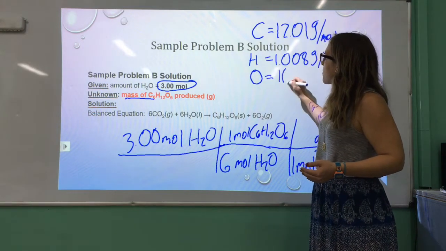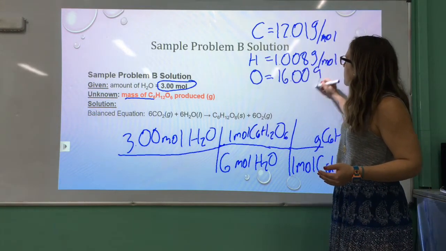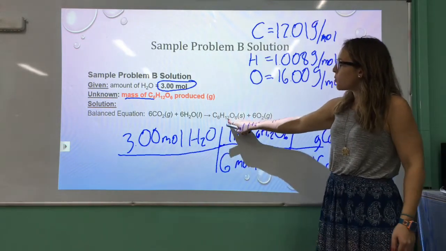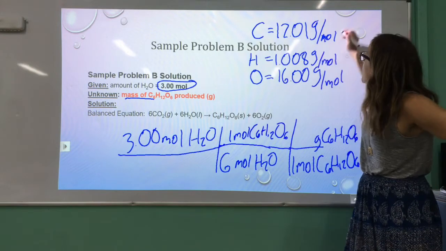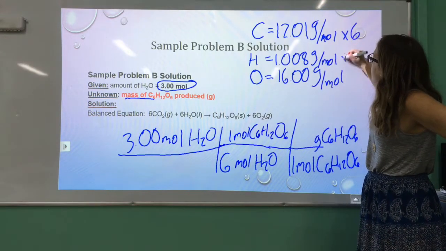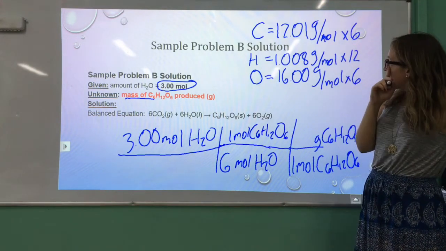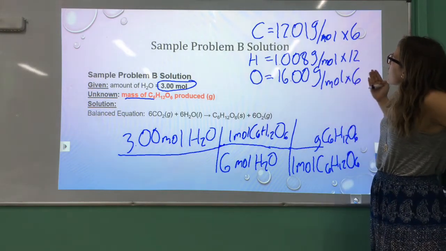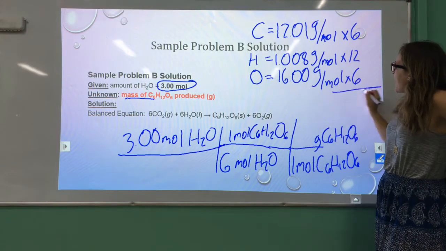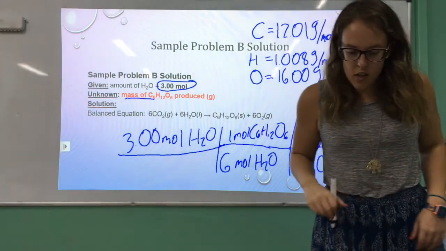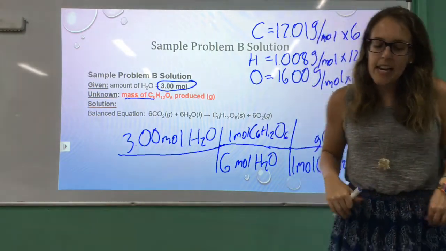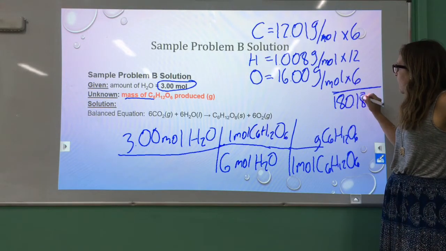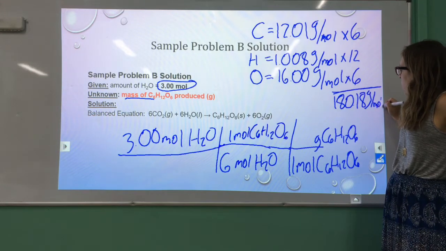Oxygen has a molar mass of 16 grams. Since we have 6 carbon, 12 hydrogen, and 6 oxygen, we need to multiply these. 6, 12, 6. This is the number of moles there are. And then we add that up, giving us 180.18 grams per mole for glucose.